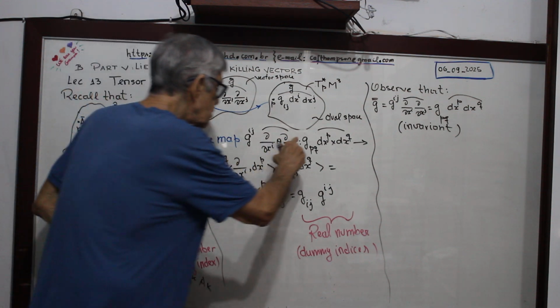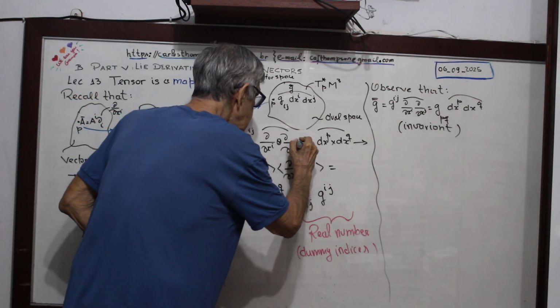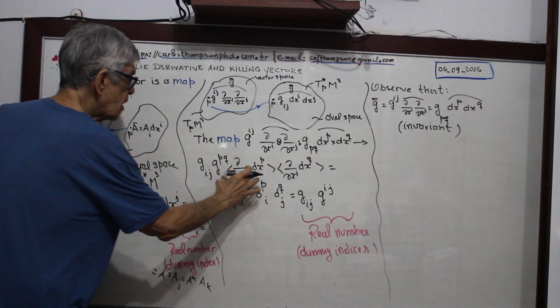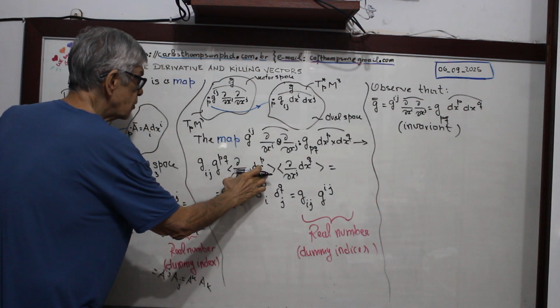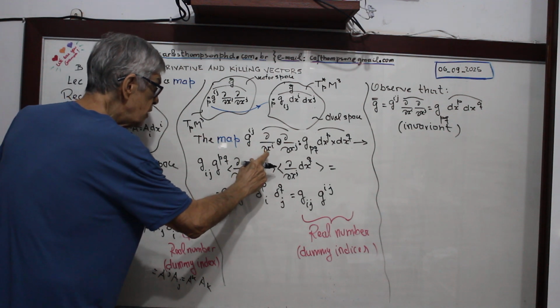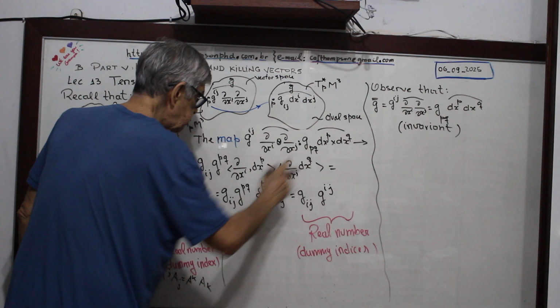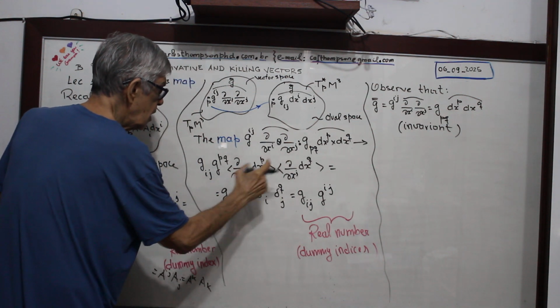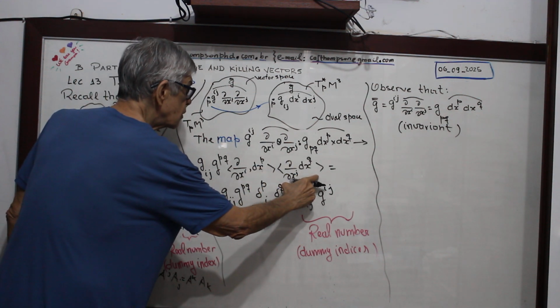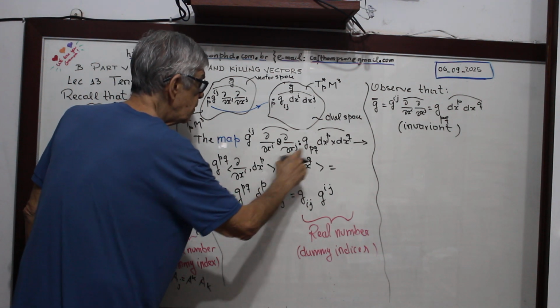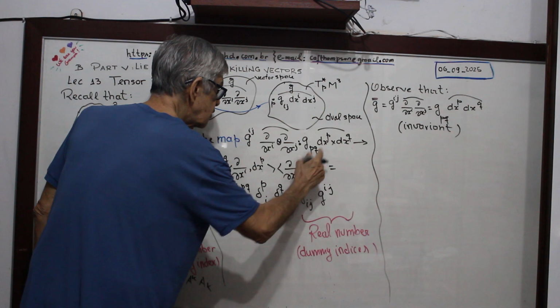This is the double dot. Then this is the inner product between partial x^i and dx^p. There's another inner product, between partial x^j and dx^q.